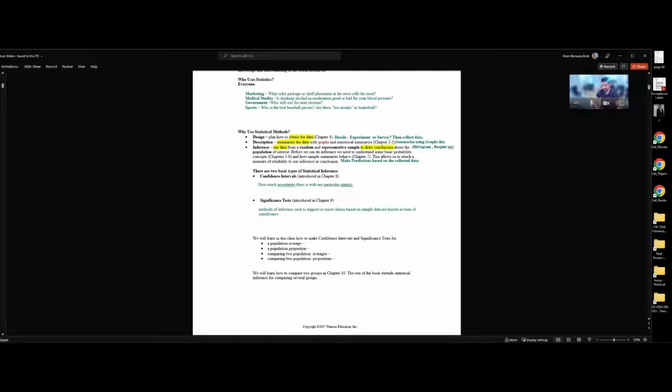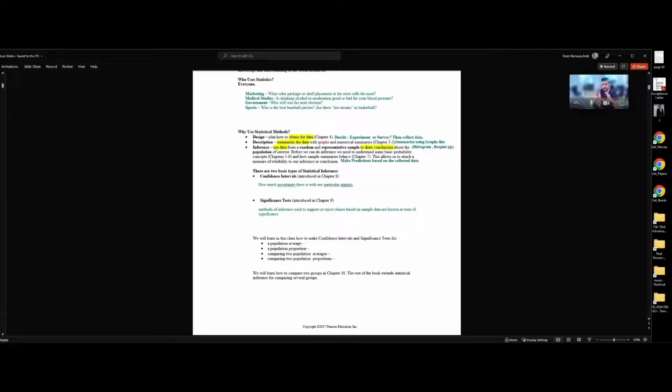So we use p-values here. The confidence interval tells us how much uncertainty there is with a particular statistic, like the one that we calculated. So we calculate the interval, and the significance test is like someone making a claim that the average GPA of the students of our class equals, I don't know, 3.5.